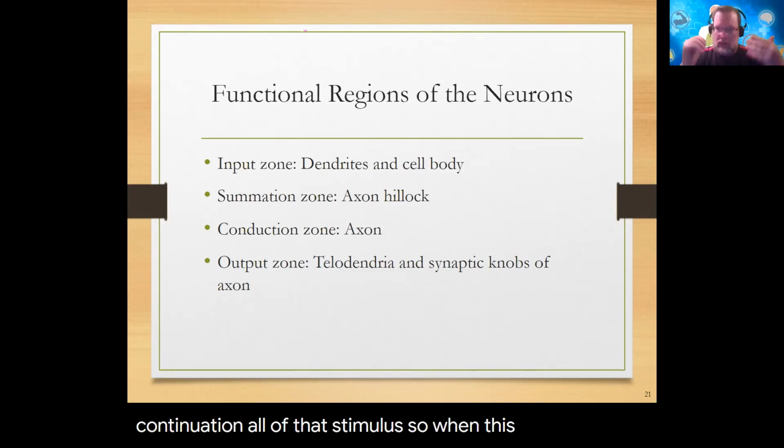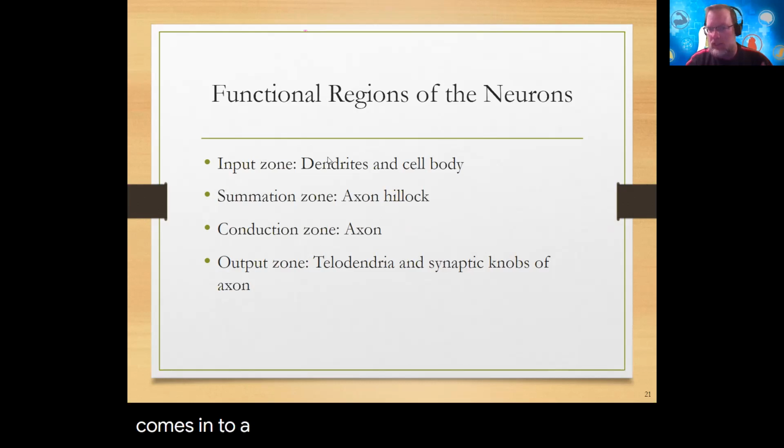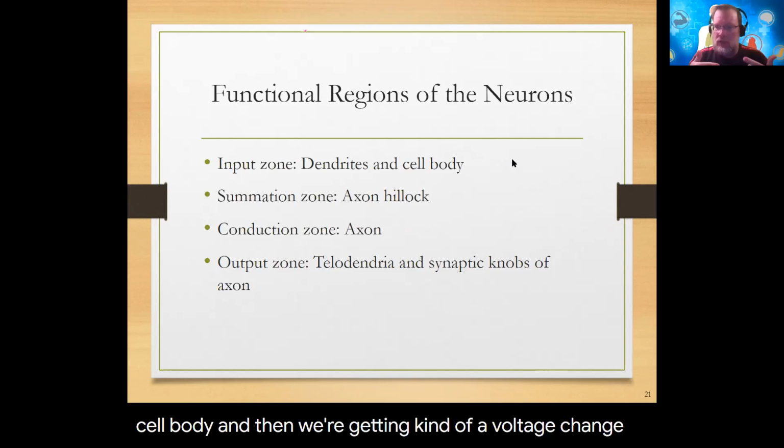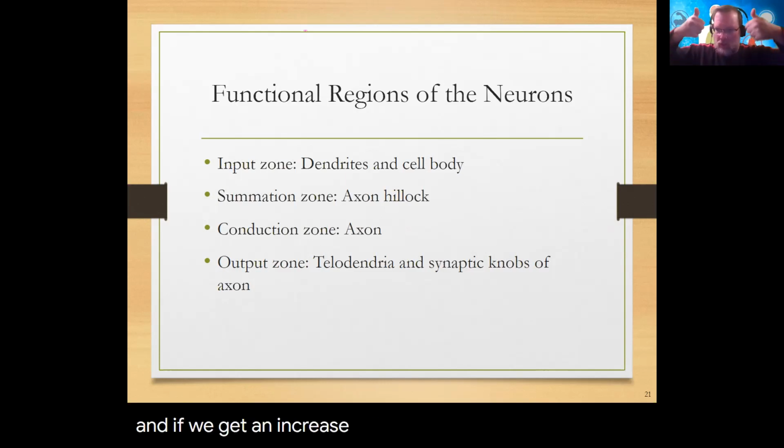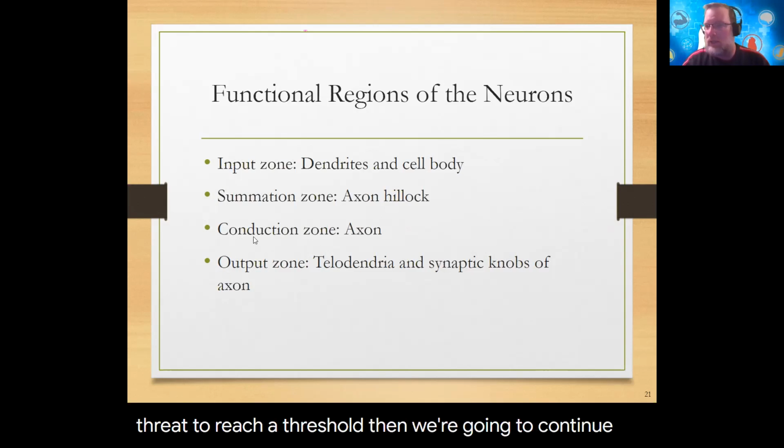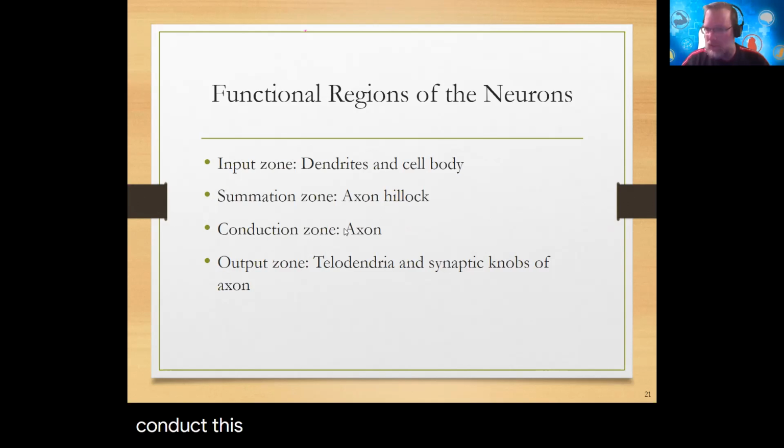So when the stimulus comes in to a neuron, it's coming in at the dendrites and the cell body, and then we're getting kind of a voltage change. And if we get an increase in voltage enough to reach a threshold, then we're going to continue to conduct the stimulus down the axon. So we call the axon the conduction zone.